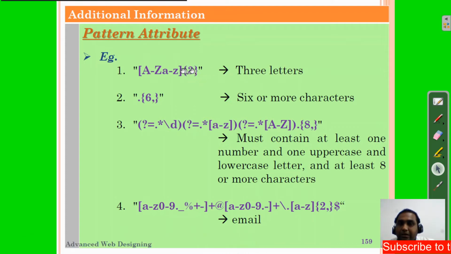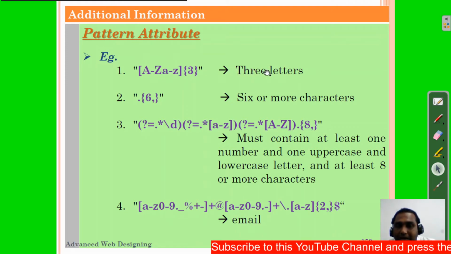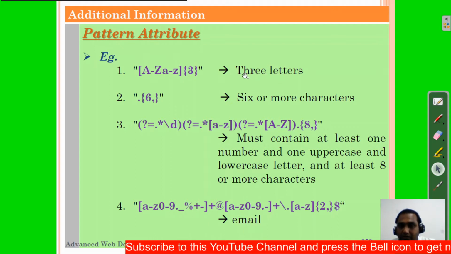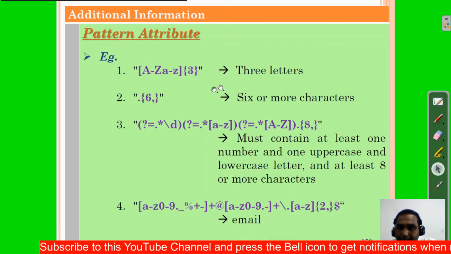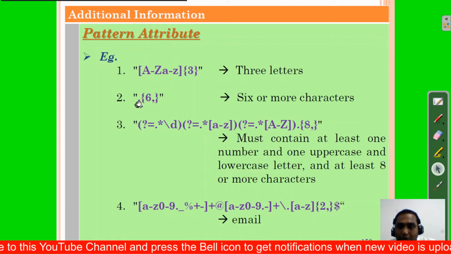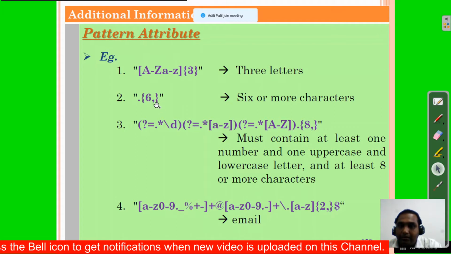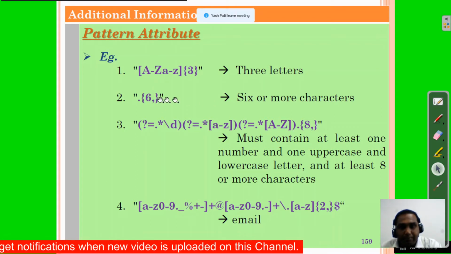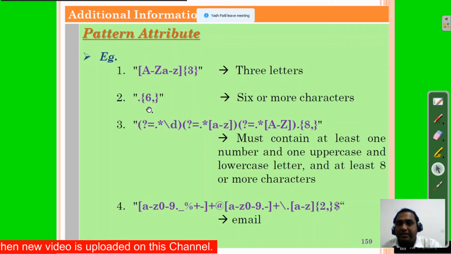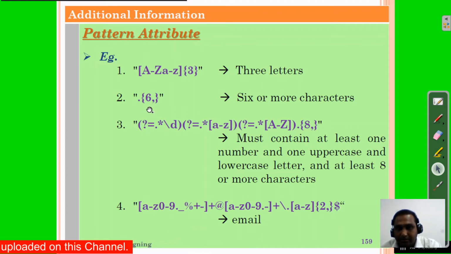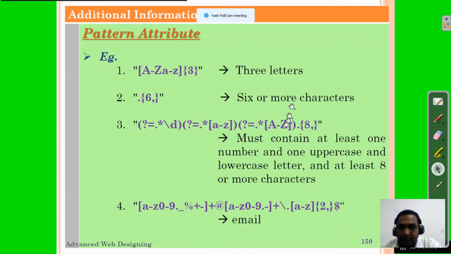This means whether small or capital, only 3 letters can be typed. 3 characters only can be typed. Let us see another pattern. Dot, curly bracket 6, comma, curly bracket. 6 or more characters. 6 and comma means you can only type 6 or more characters.